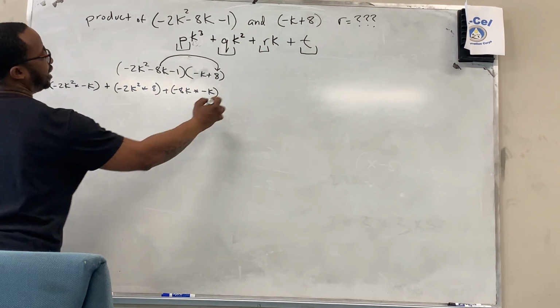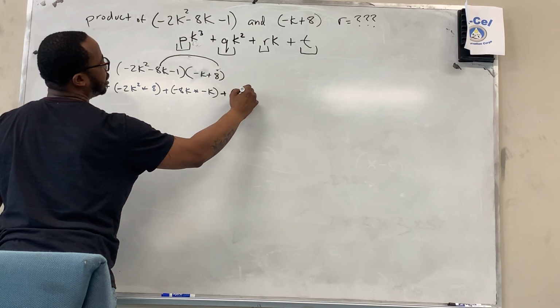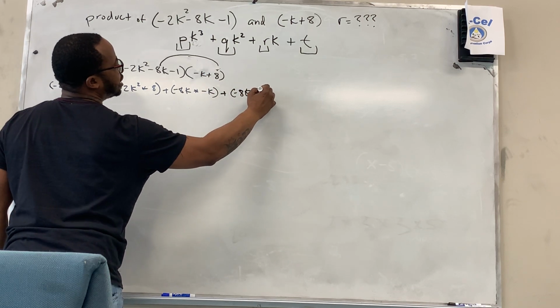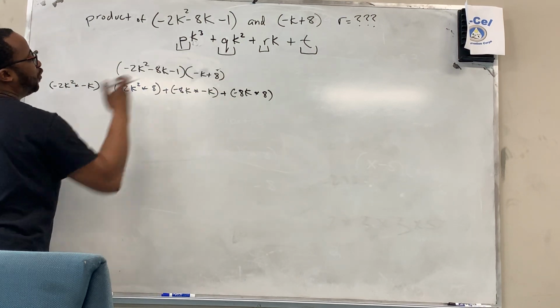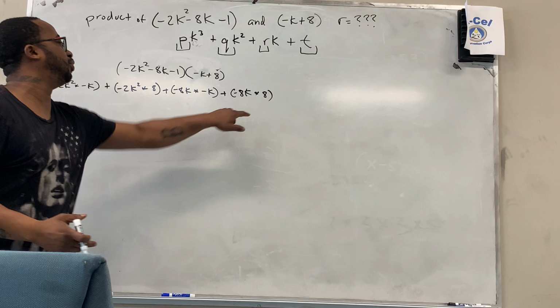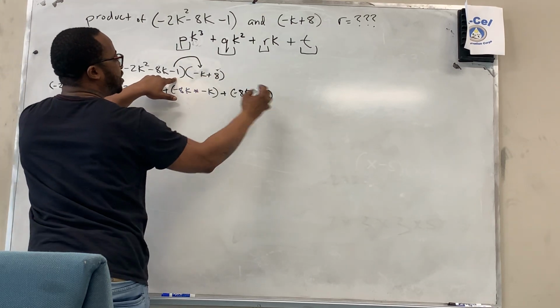This is all I'm doing here. Now I got the minus 8k times positive 8. Now that should be 4 things because these two have touched both of them already. 1, 2, 3, 4. Now we have this one, minus 1 times minus k.